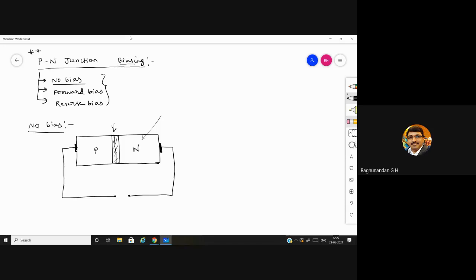So under no bias condition, we have holes on one side and electrons on the other. When you are not connecting any power supply, the electrons and holes which are very close to the junction are going to exchange their position, or combine. The rest of the charge carriers stay in their place.